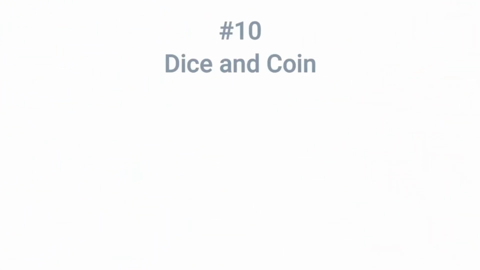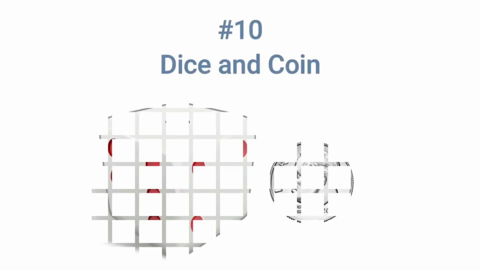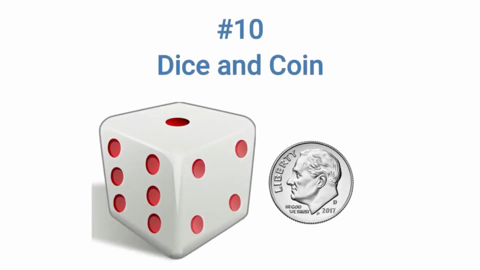Now let's go on to our 10th manipulative. 10th on our list we have a dice and a coin, and both of these manipulatives can be used to explore the concept of probability, right?